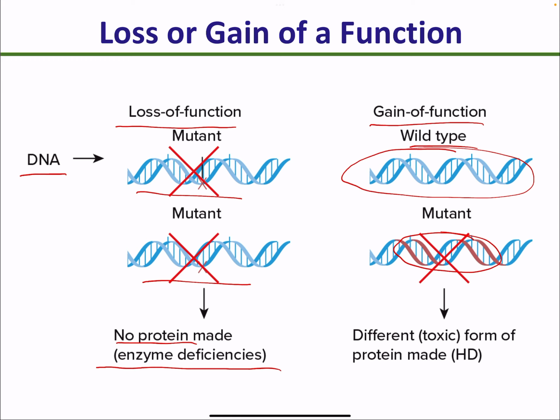So here we have a different, toxic form of the protein that is going to be made, where we're going to see misfolding of proteins. And actually what happens is that some proteins, when they misfold, are going to trigger more misfolding of the proteins that were normal. And actually that's what we see with Huntington disease.